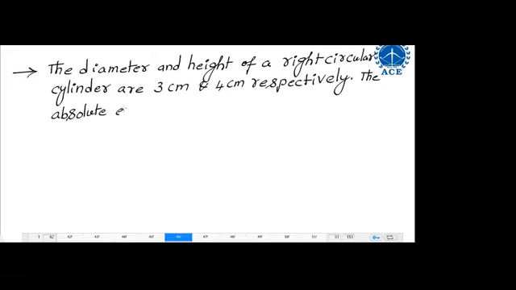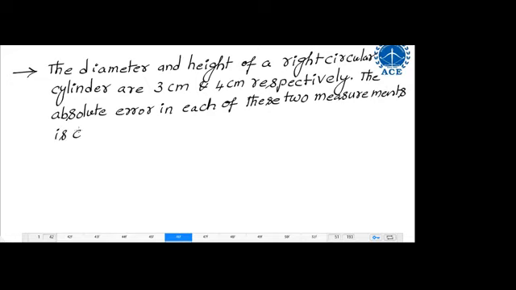The absolute error in each of these two measurements is 0.2 centimeters.